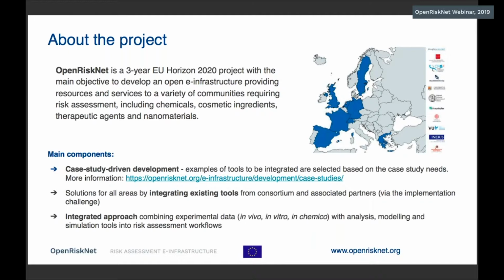And it's really an infrastructure project, so we're really trying to develop a computational platform, you could say, that is able to use all of these different tools and services which are provided by the other developers or external tools or partners themselves. So it's really driven by the case studies, and this is one example of the case studies in toxicogenomics and how we can integrate the existing tools into this approach.